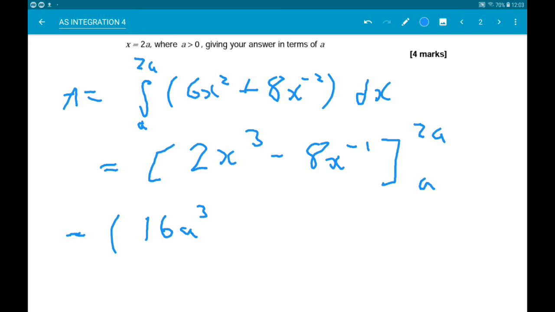So that's minus 4 over a. And then we subtract what we get when we put a in. So there we're going to have 2a cubed and then minus 8 over a.